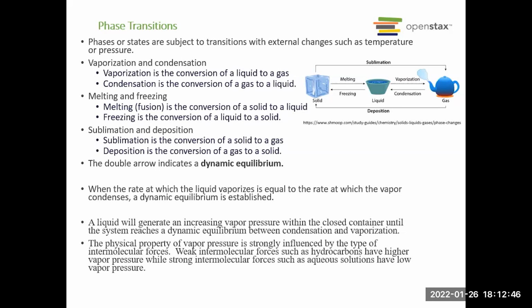So the rate for water to freeze and for water to melt is going to be the same. It's not going to be one faster, one slower. The rate is going to be the same.